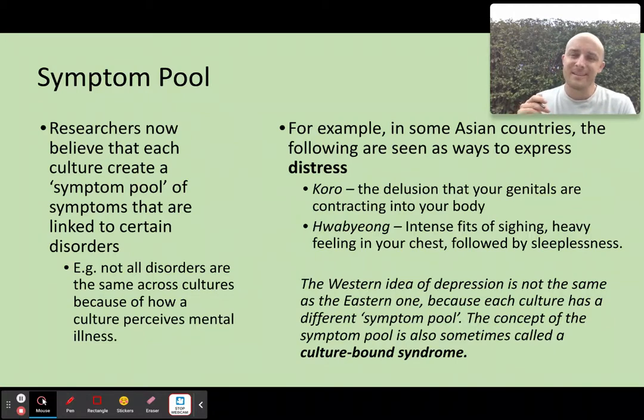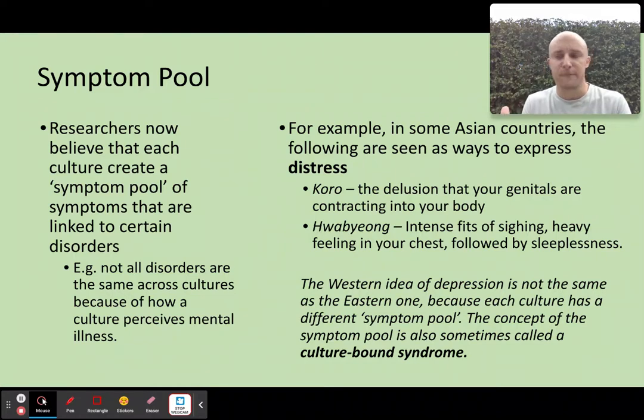But in Japan, it says Asian cultures, but particularly Japan, they have two things that are quite known for emitting distress. Koro is a delusion that your genitals are contracting into your body. Now, if you went to the doctor and said, "Doc, look, I'm really stressed, I'm pretty sure my testicles are going up into my body," distress would be the last thing you would be diagnosed with, right?